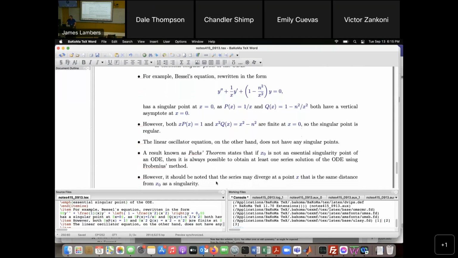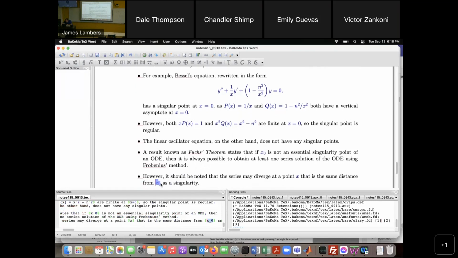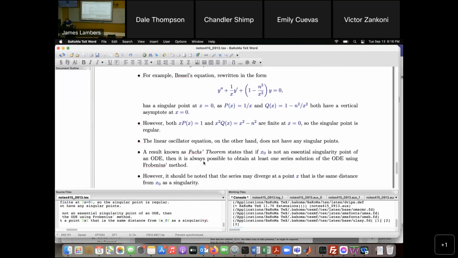equation. But one thing to keep in mind is, suppose you have a singularity at x naught, then... If x naught is the center of your series, but there's a singularity at a different point, so a point that's the same distance from x naught as the singularity is, the series might diverge at that point.